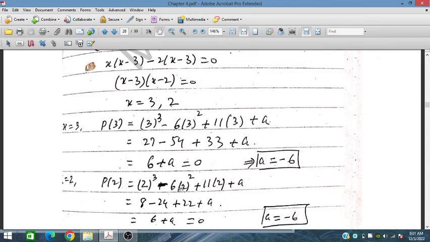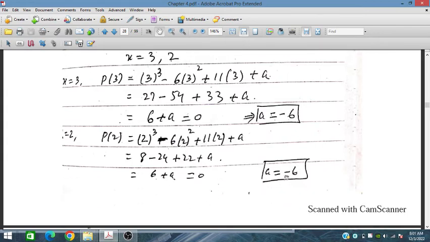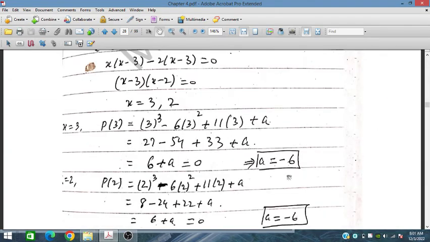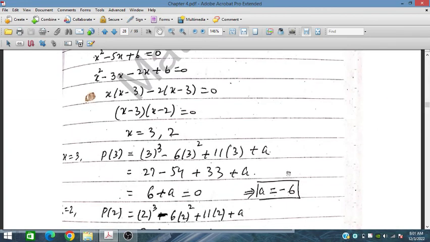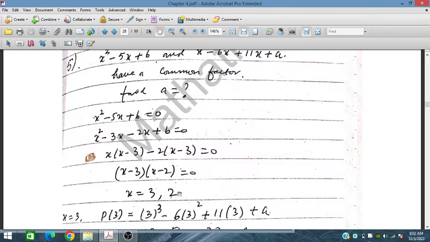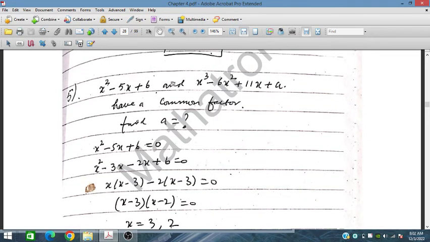So this is 8 minus 24 plus 22, and so we have obtained a is equal to minus 6. So we are getting minus 6, both satisfying. So this factor and this factor is satisfying, meaning this is a common factor.